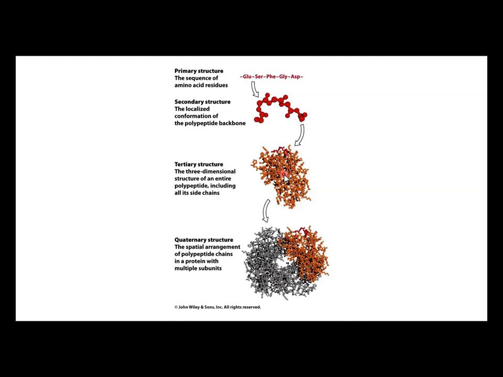And then tertiary structure is how those various components of secondary structure fold together and create a three-dimensional structure for the entire polypeptide. And finally, if several polypeptide chains get together to form a larger protein with multiple of those subunits, that is known as quaternary structure.